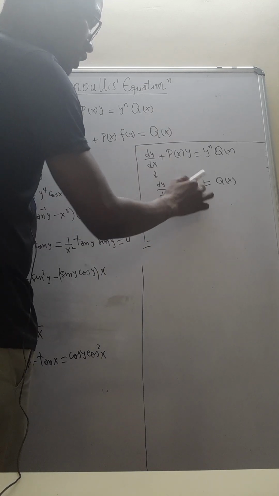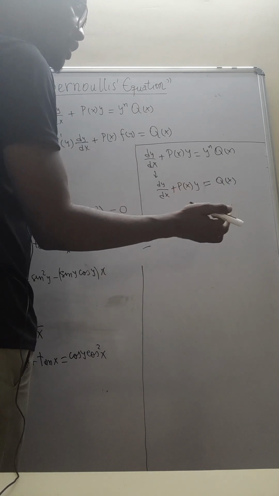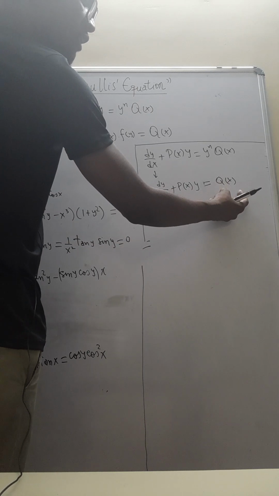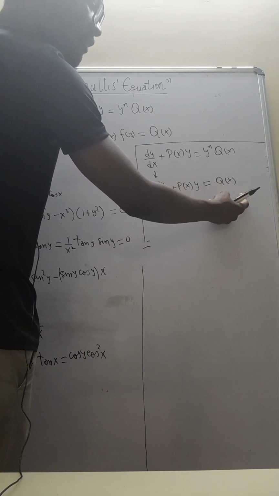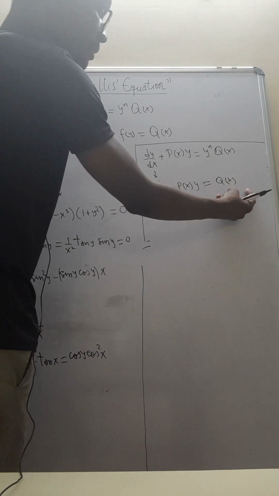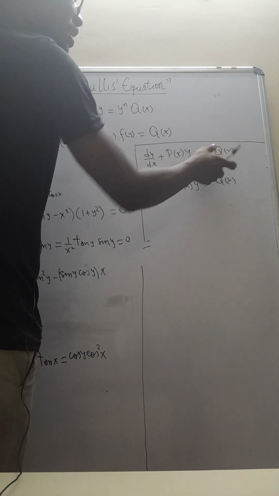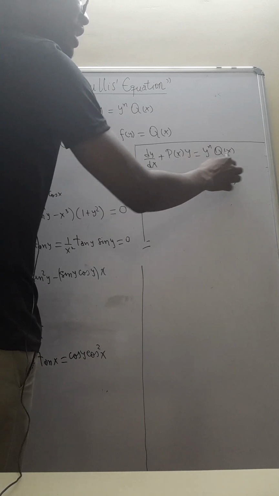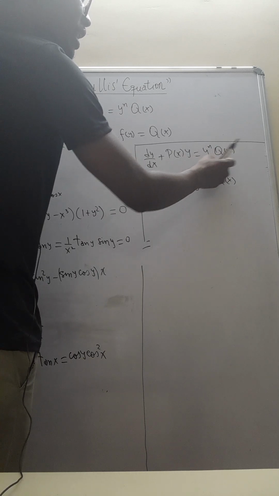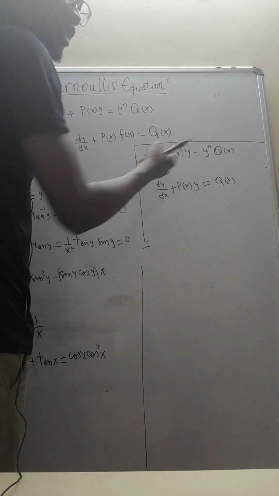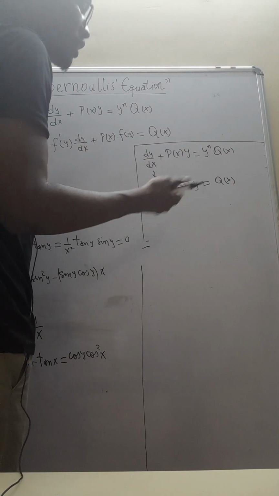So 1, 1, this is linear. This is the objective. The main objective here is to keep this q of x as a function of x only. There must not be any y, because this y raised to n is the element that is making this entire differential equation not linear.